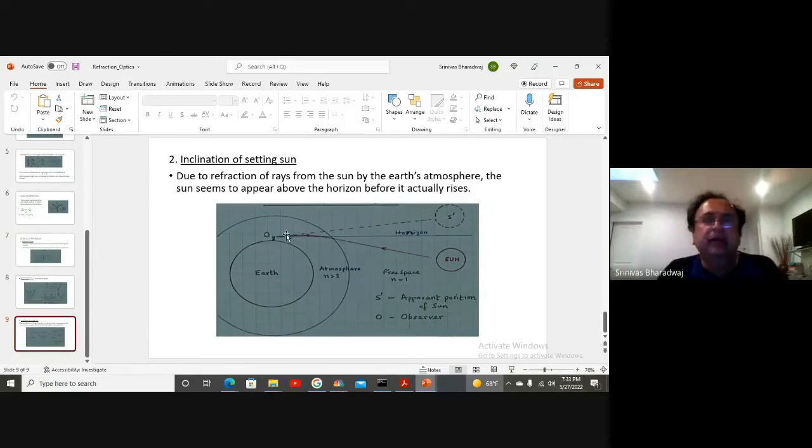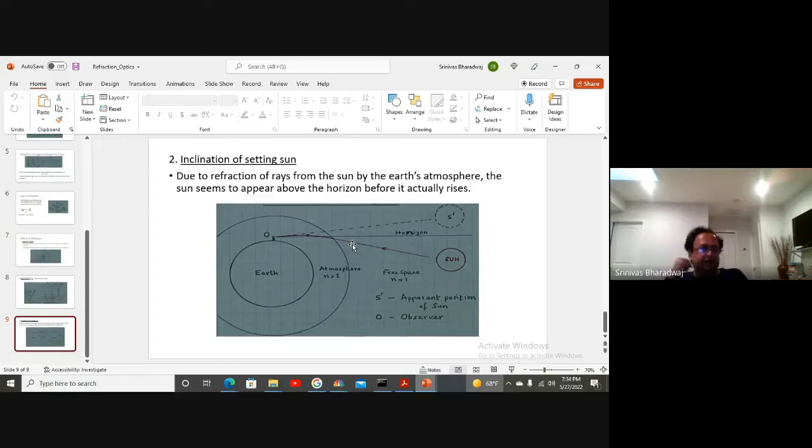It means that when you see the sunset or sunrise, it is like in the Mahabharata, where Arjuna and Karna were fighting. When the sun sets, they are supposed to stop fighting. They don't fight after the setting of the sun.